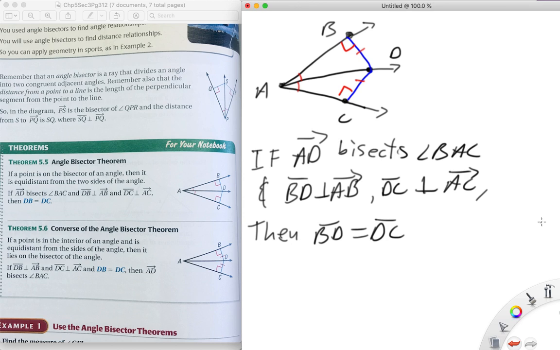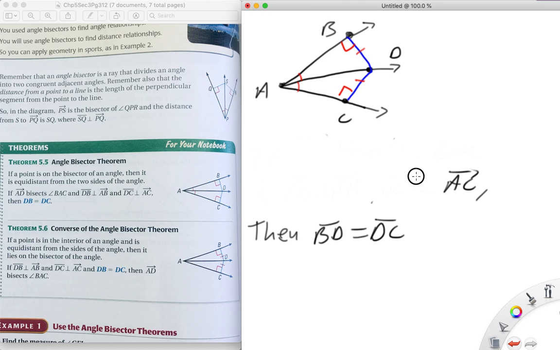Converse of the angle bisector theorem says the opposite. So we're switching it. So the converse of the angle bisector theorem says that if a point on the interior of an angle is equidistant from the sides of the angle, then it lies on the angle bisector.